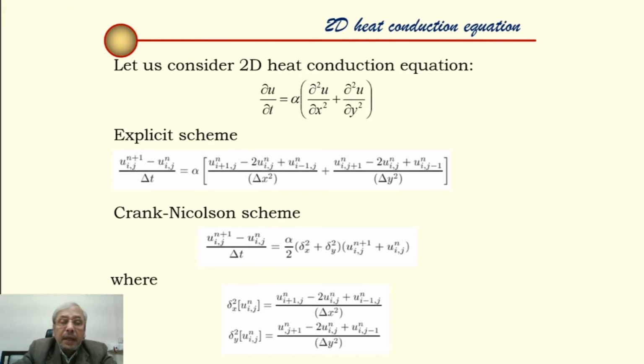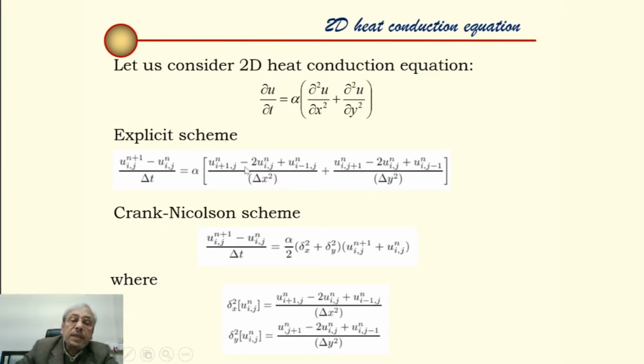Then within brackets we write the central finite difference quotient of u in x direction: ui plus 1j minus twice uij plus ui minus 1j, all at nth level, divided by delta x square.